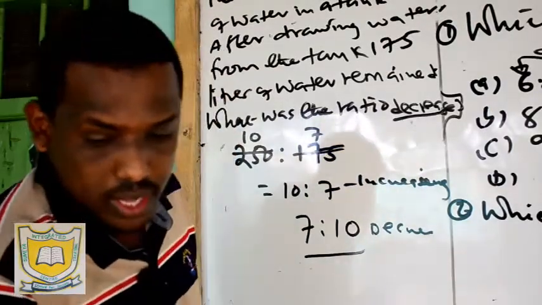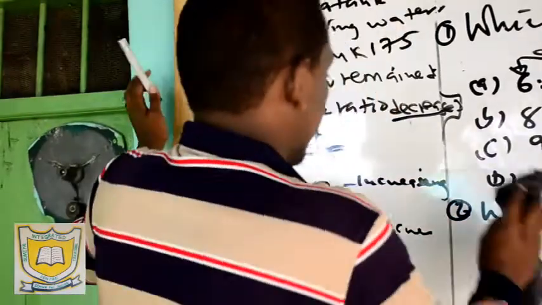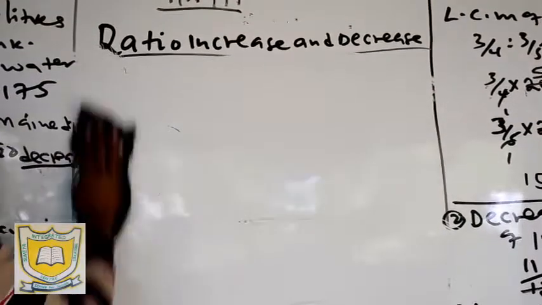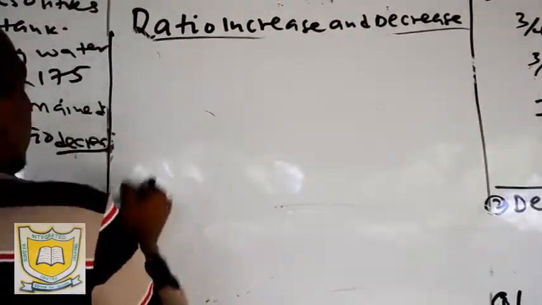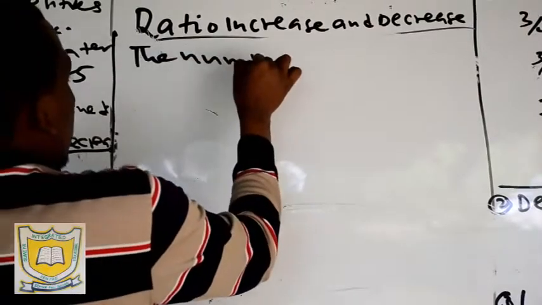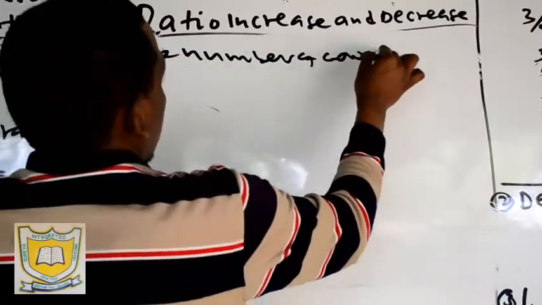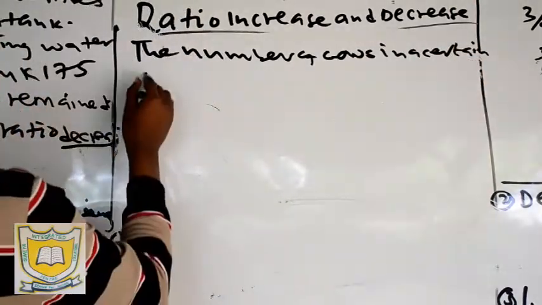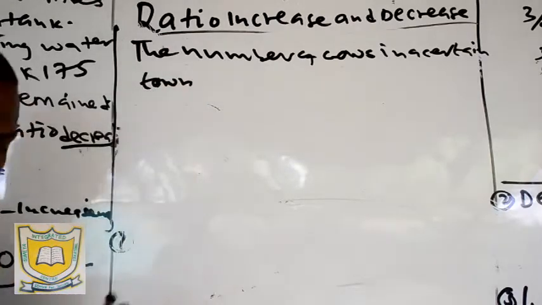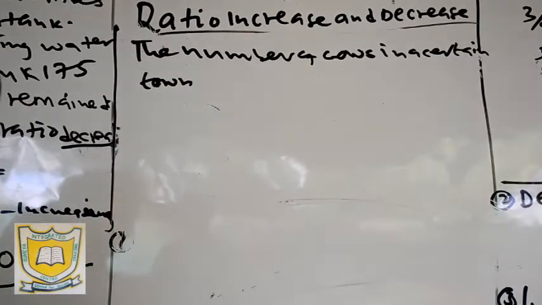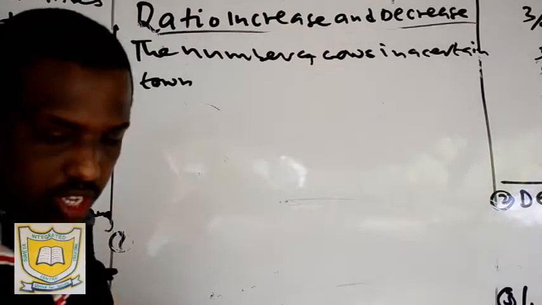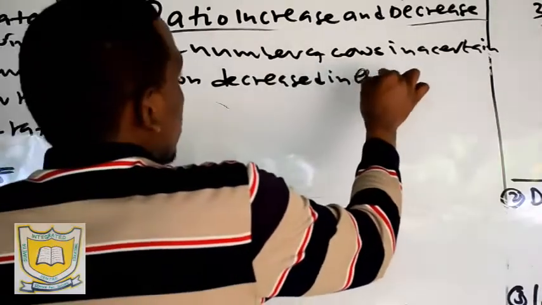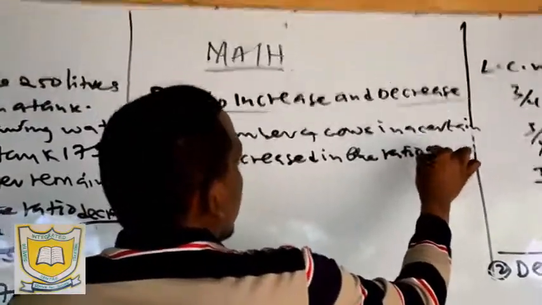You are told another one. The number of cows in a certain town decreased in the ratio of 3 to 4.